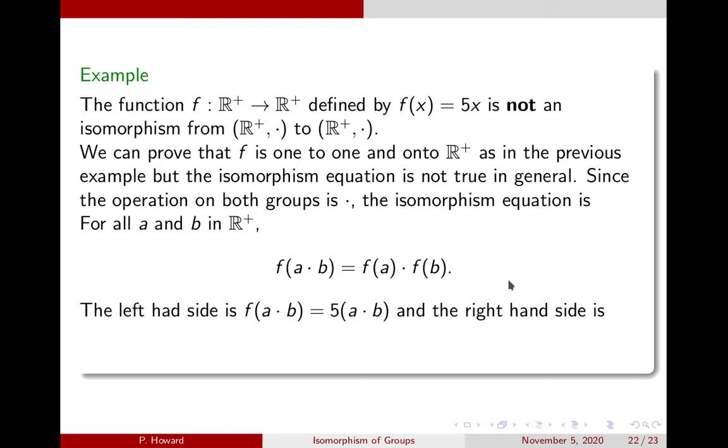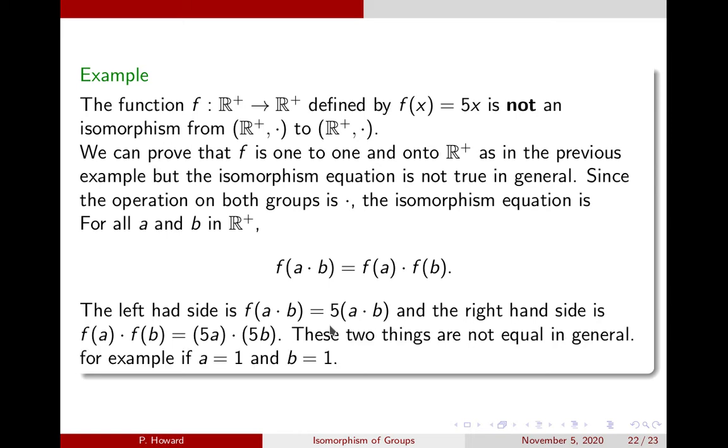And the right-hand side, f of a times f of b, is 5a times 5b. This simplifies to 25ab, and in general 5ab and 25ab are not equal. An example would be if a is 1 and b equals 1.